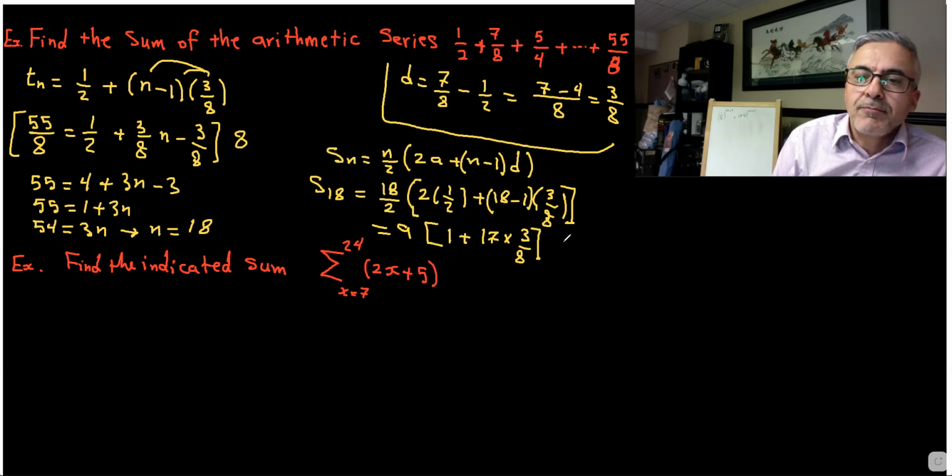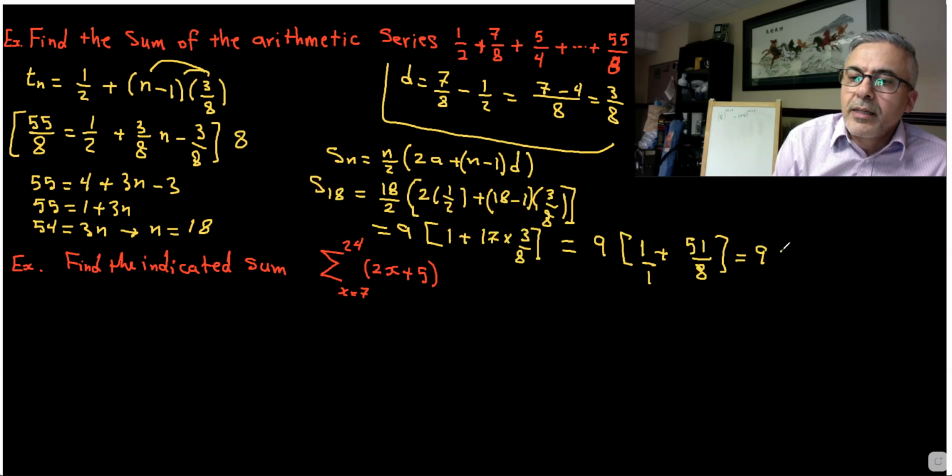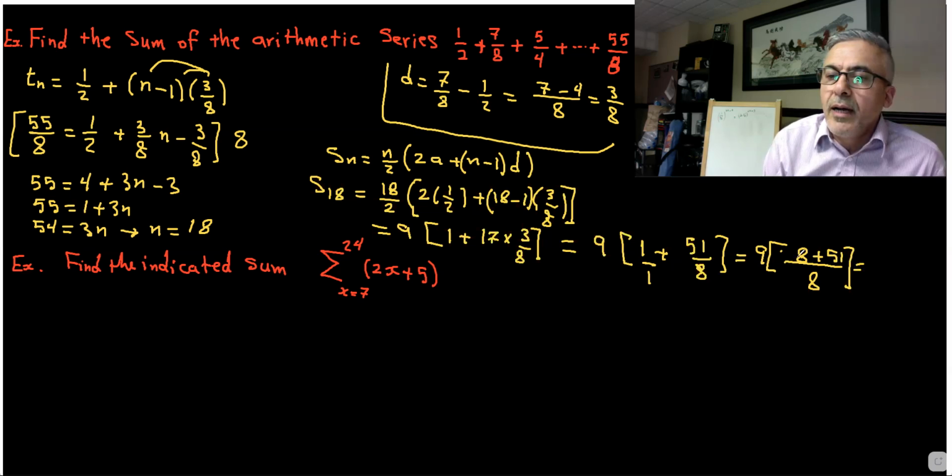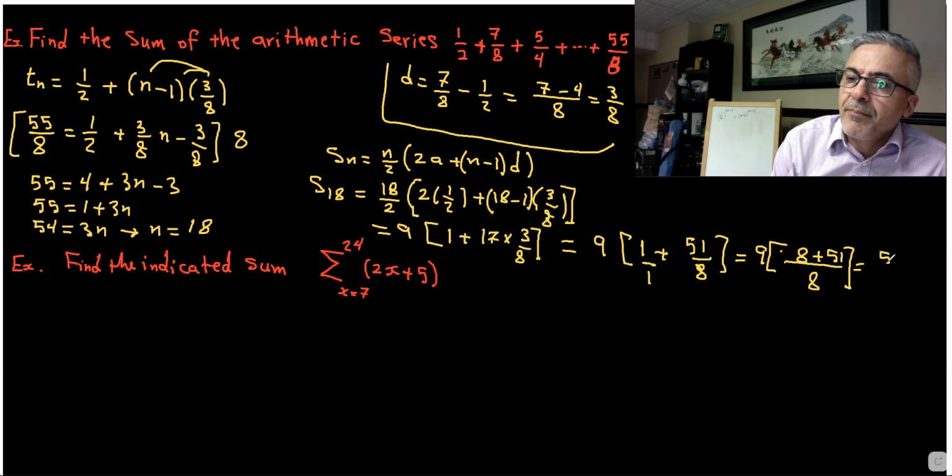Which equals 9 times 1 plus 51 over 8. And this is 1 over 1, so it will give me 9 times, the common denominator is 8, so multiply this by 8, so you end up with 8 plus 51, which equals 59.